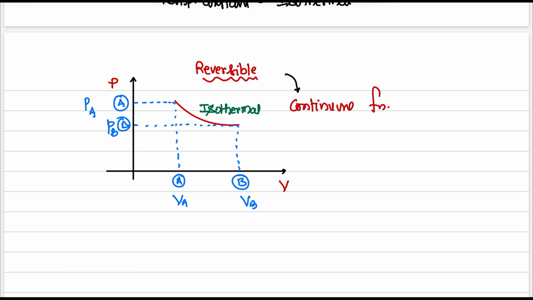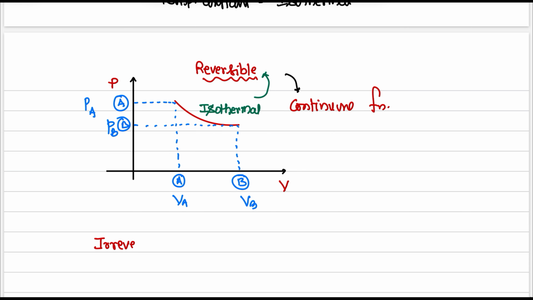and reversible, for simplification purpose. When irreversibilities are considered at a higher level of study of thermodynamics, what do irreversibilities cause?